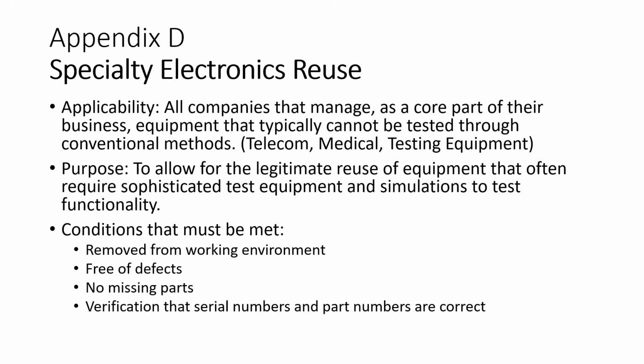Another big requirement here in Appendix D is that all companies that certify to Appendix D to manage specialty electronic reuse also have to become certified to Appendix C. The reason for that is these Appendix D companies will still be required to test all the equipment that is capable of being tested.